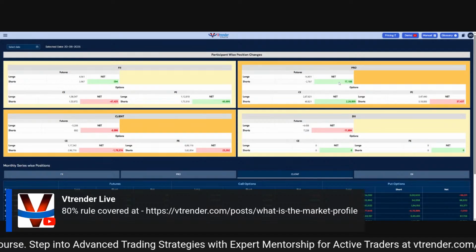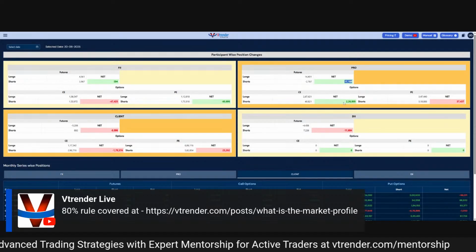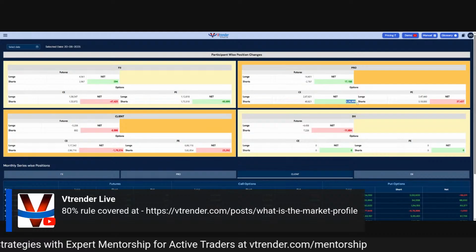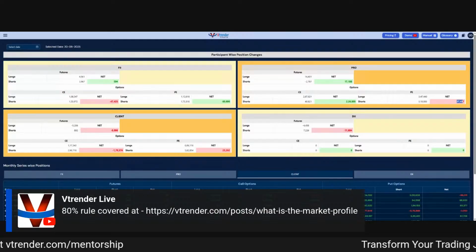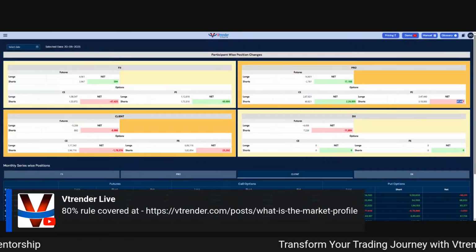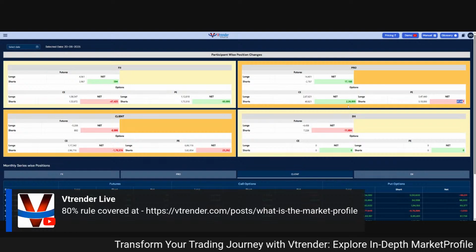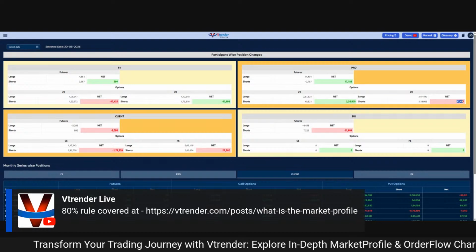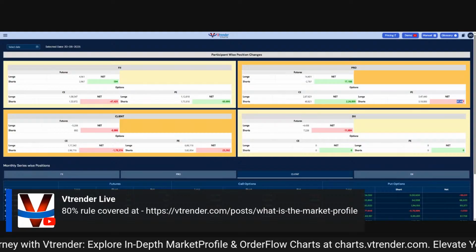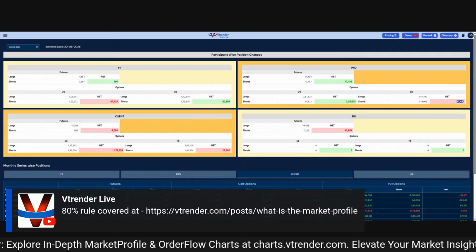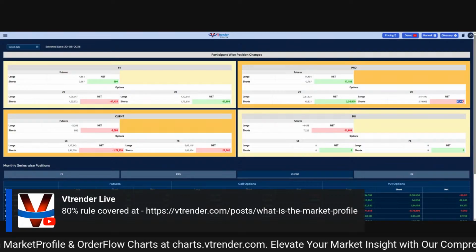You had 17,000 net longs in futures, 226 net long in calls, and short in puts. Hence the lower open today was again defended and the pros, the buyers, came back. So we will have to see how they are placed today, and then accordingly look to trade whatever open type we get tomorrow. These are very important pieces of information, and they give you a lot of important cues.